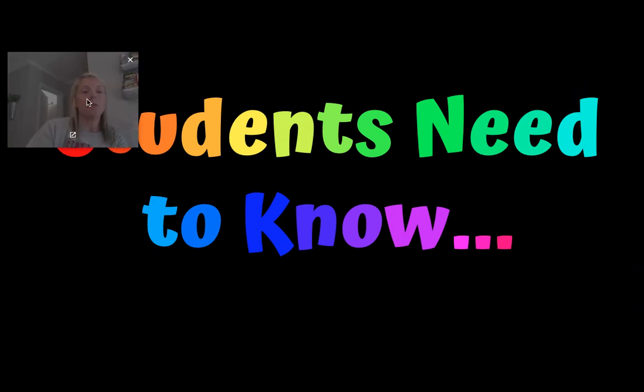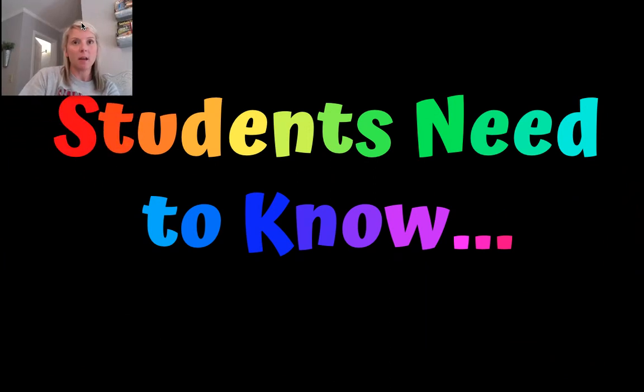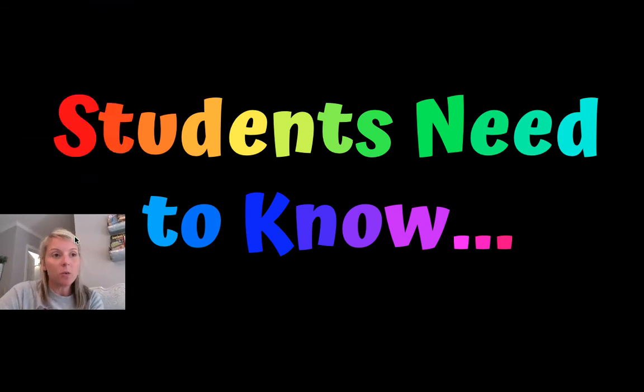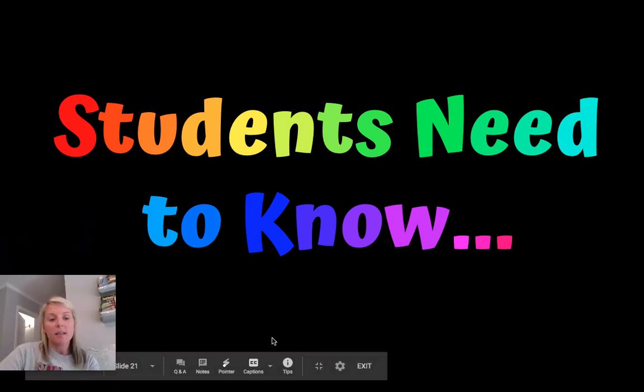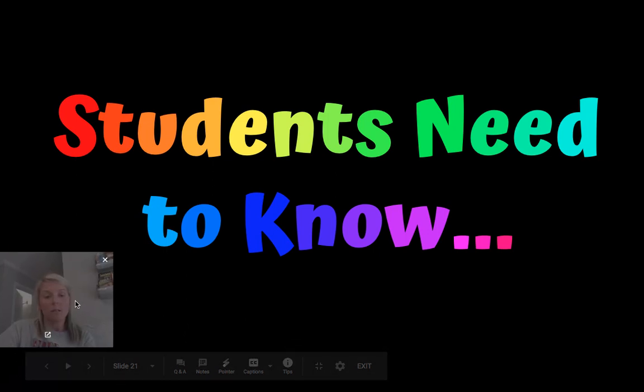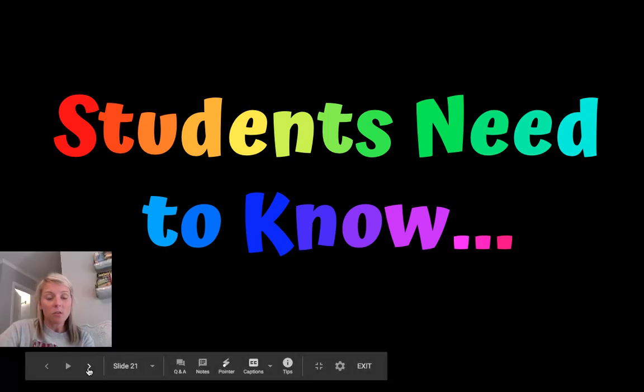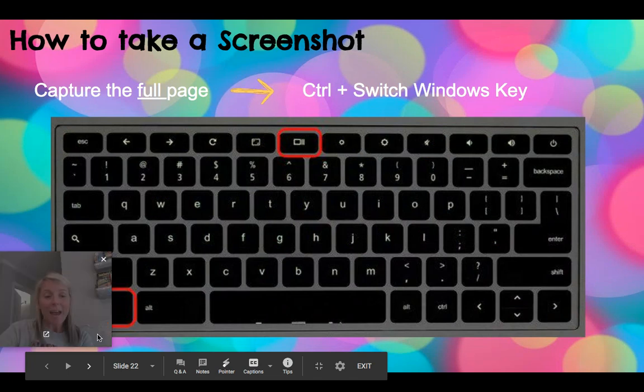Okay, so one of the last things, I'm going to move through this, but you've got to teach your kids how to do some things on the Chromebook so that they are ready to put work into the computer and their drive digitally. So one thing that's really important to make note of is how to take a screenshot.